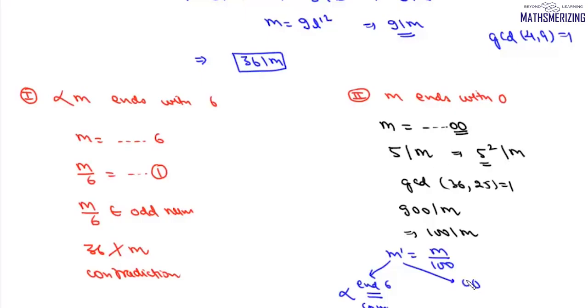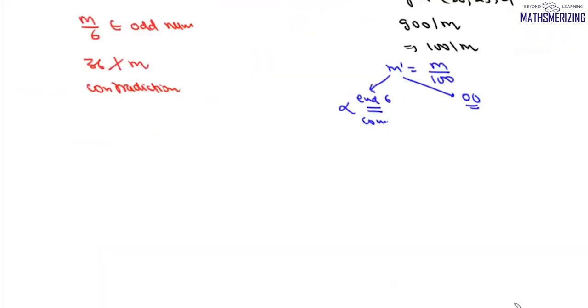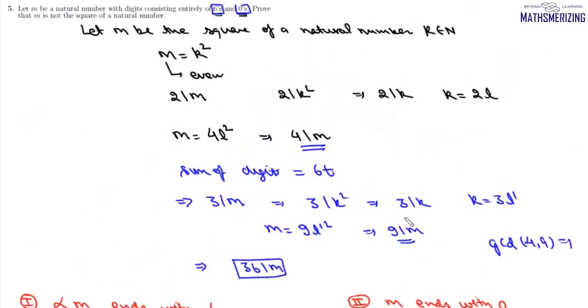So again we can say it will have 2 zeros. So we can keep dividing it by 100. So there will be one case when we'll have this 6 here, and in that case we have a contradiction. We cannot have 0, 0, 0, 0 for all the numbers. So in all the cases, we end up getting a contradiction. So from contradiction, we can say that this m is not the square of a natural number.